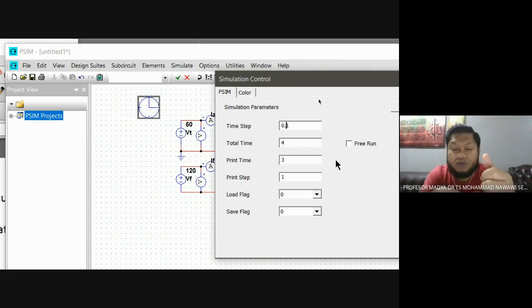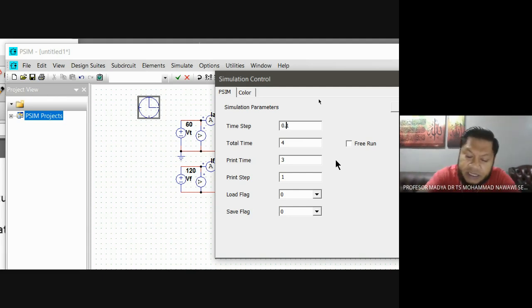Normally, if you talk about a switching circuit, there's a period to your switching, isn't it? If you talk about 100 kilohertz, the period is 10 microseconds. So the time step should be very small, at least 1% of the period of your switching.